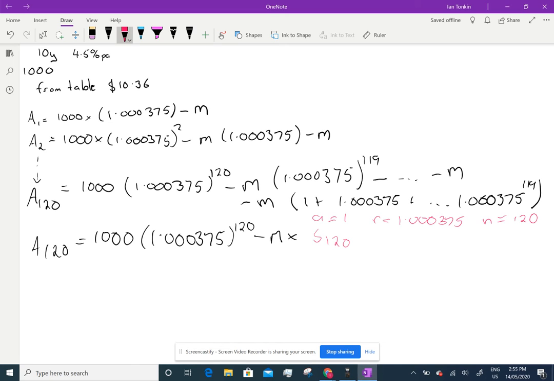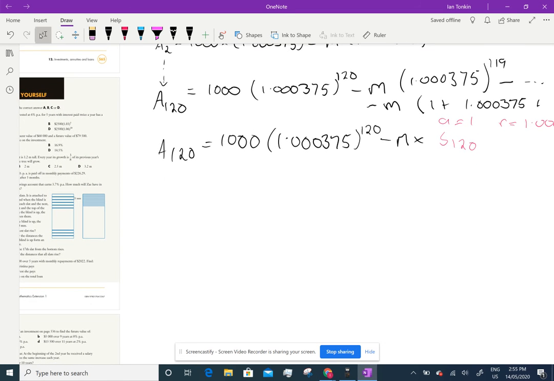Okay. Now, we know at the end of that time, the value of the loan will be 0. And we get 1,000 times 1.000375 to the 120 minus M times S of 120.